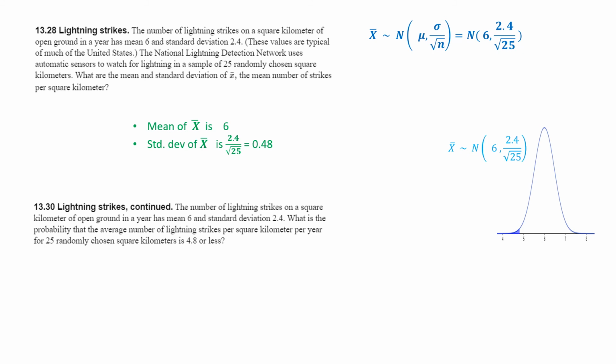So you have to use the peak curve, which is normal with the same mean, but the standard deviation is not the same. The standard deviation will be 2.4 divided by square root of 25.